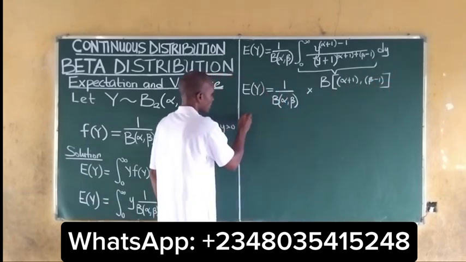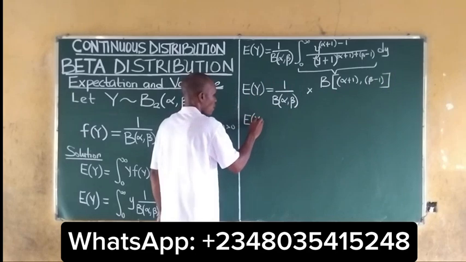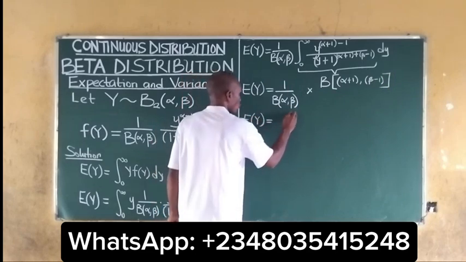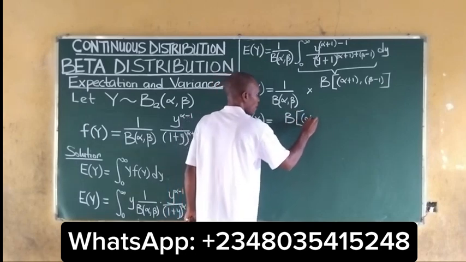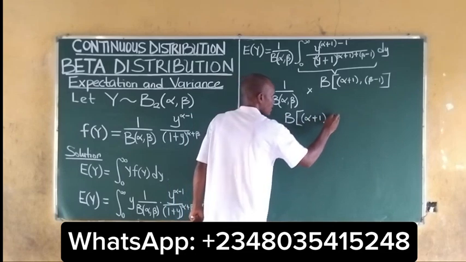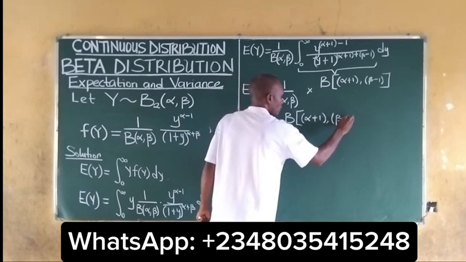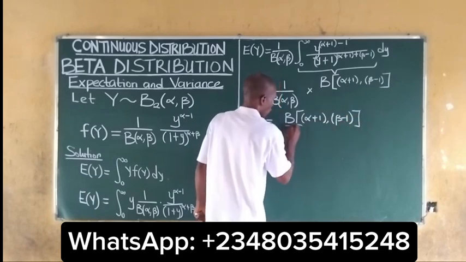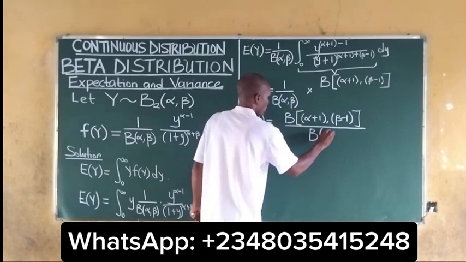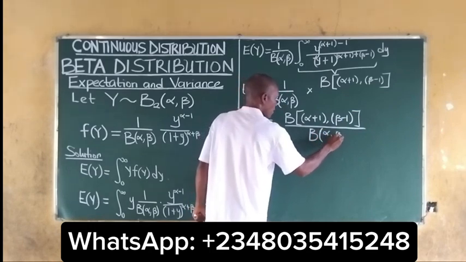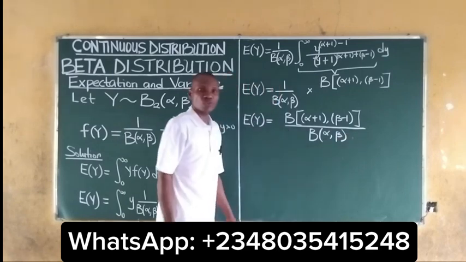So our expected value of y is equal to B(alpha plus 1, beta minus 1) all over B(alpha, beta). So this is what we get.